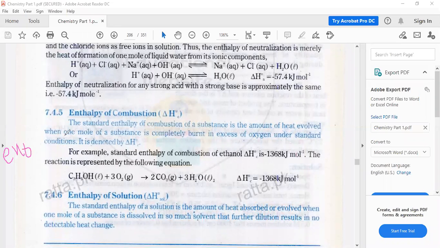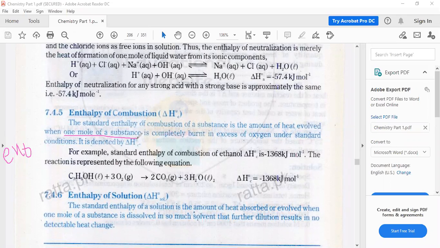So when you are burning 1 mole of a substance, all the definitions are similar to each other. You just have to change one or two words. While you are talking about neutralization, talk about acid and base. While you are talking about combustion, talk about the substance, for example carbohydrates, burning in the presence of oxygen under standard conditions.